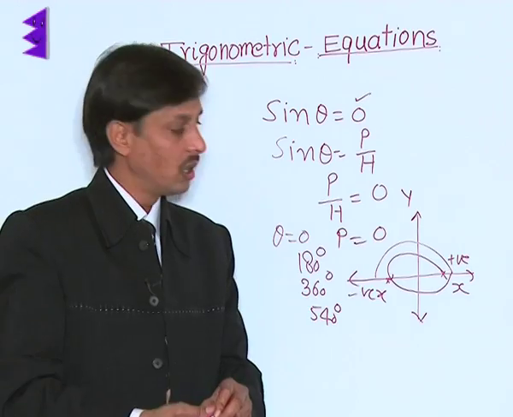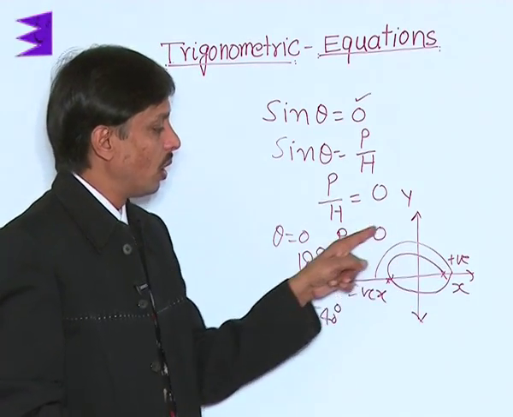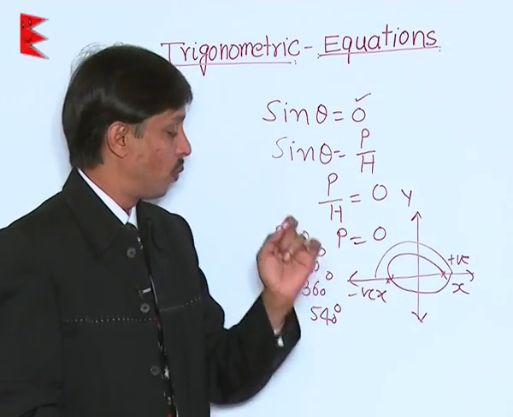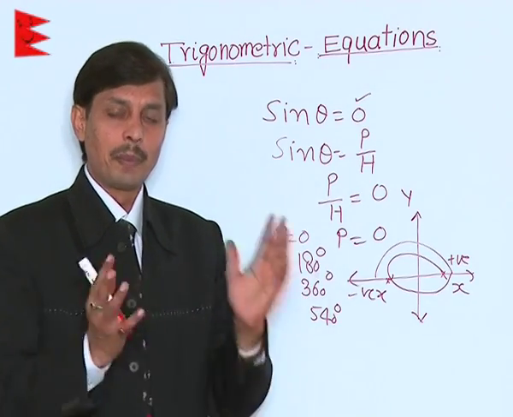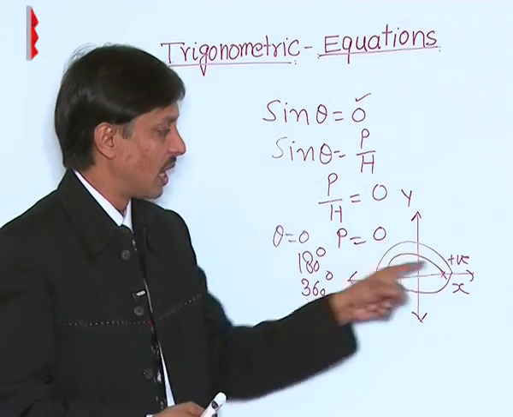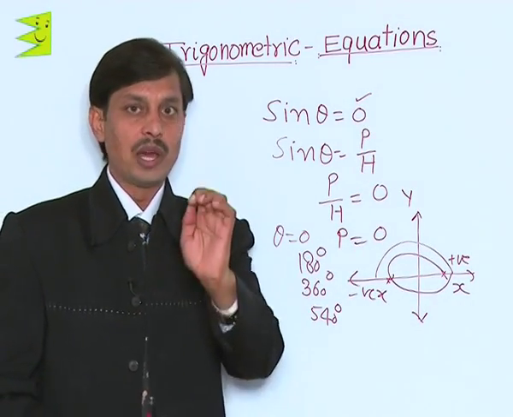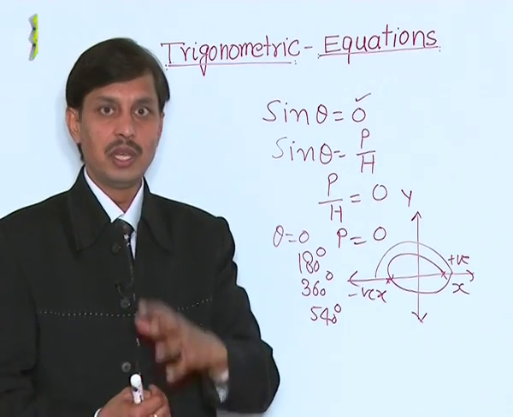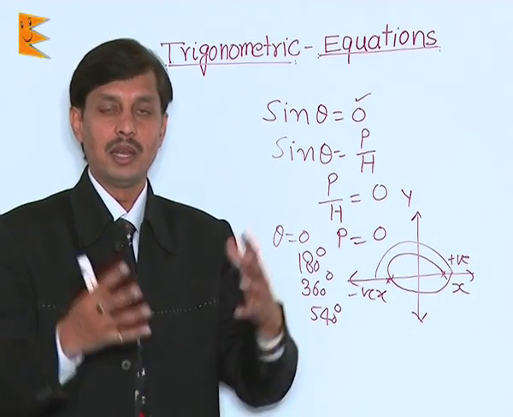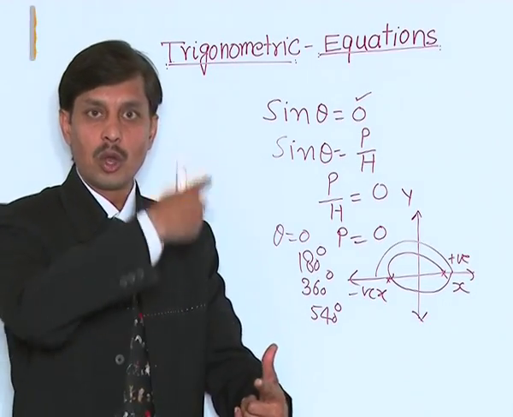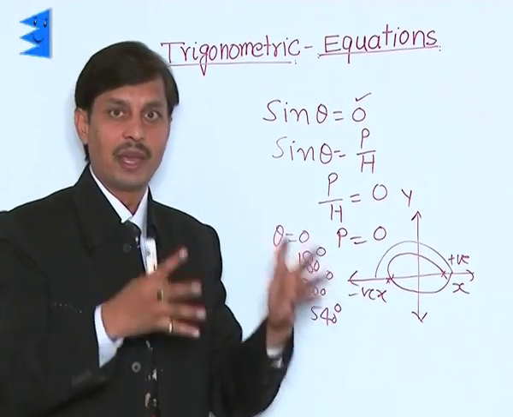So what we conclude is that for all integral multiples of 180, the perpendicular will be 0, because we are on the x-axis, either on the 0 degree angle or on the 180 degree angle, 360 degree angle, 540 degree angle, 720 degree angle. Same way if we move clockwise or anti-clockwise, then negative angles.